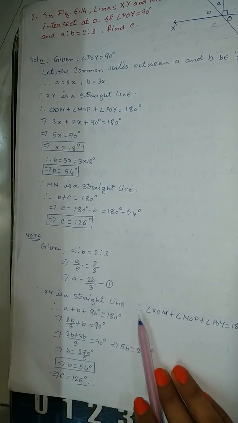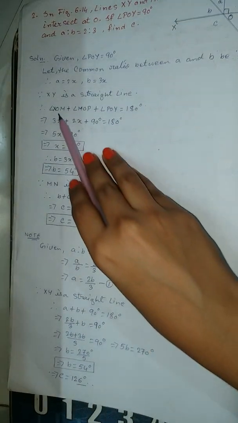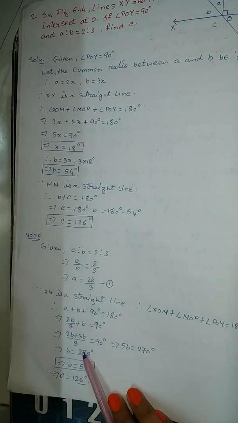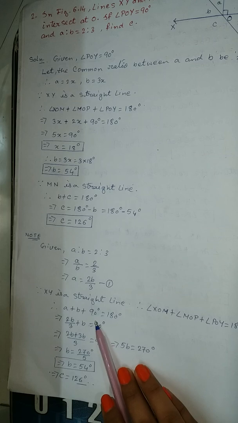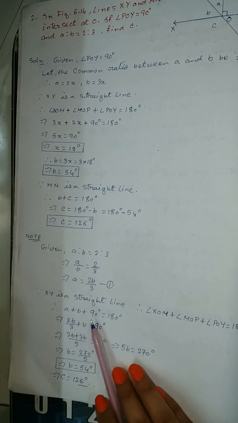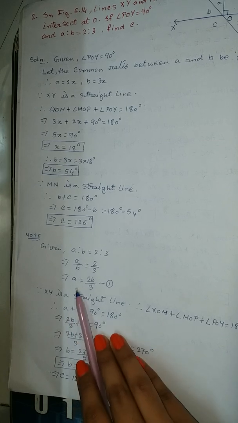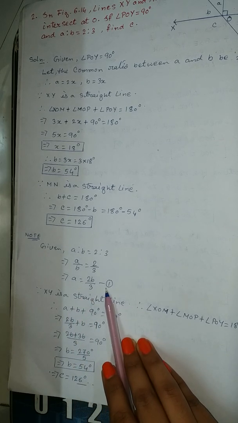Now since x is a straight line, we have the same condition which we have given right over here. Putting all these values, A plus B plus 90 is equal to 180 degrees. Now instead of A, we will put the value of A from equation 1.